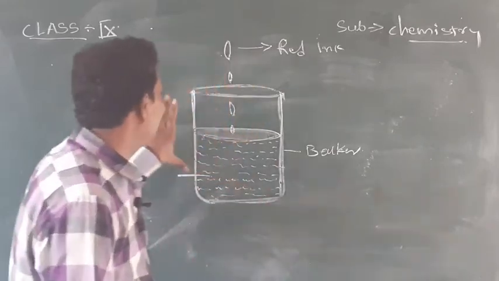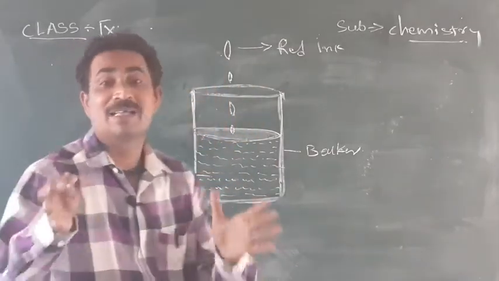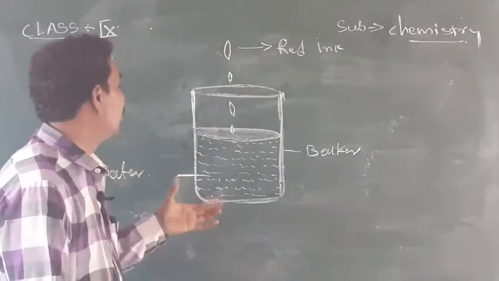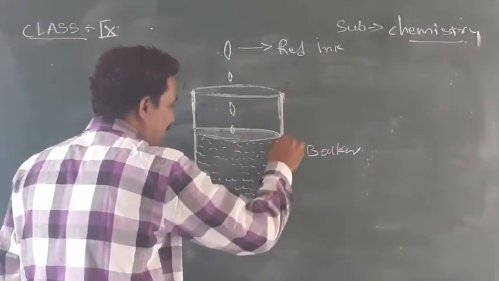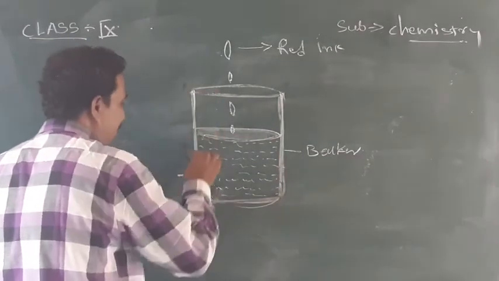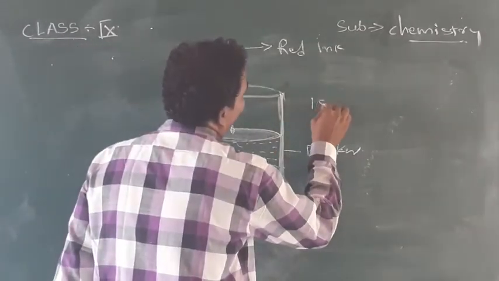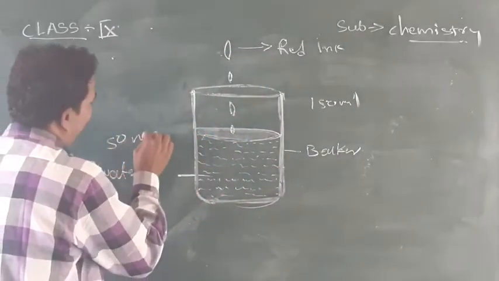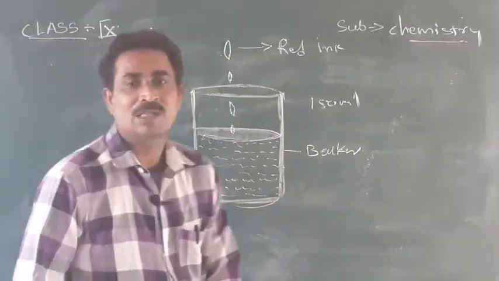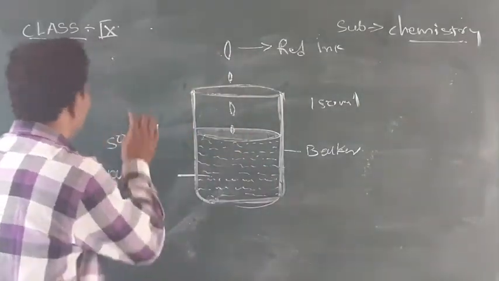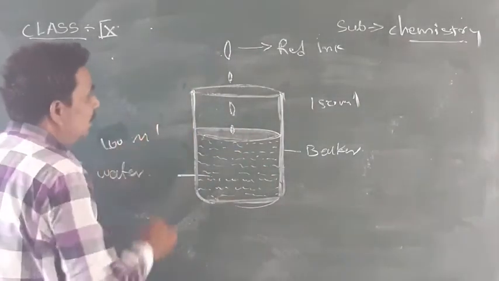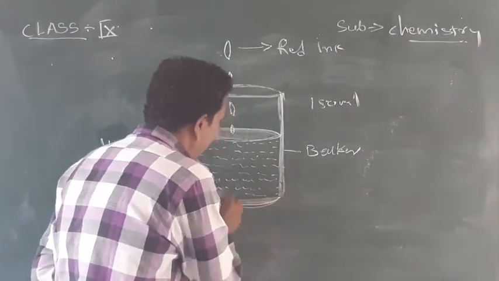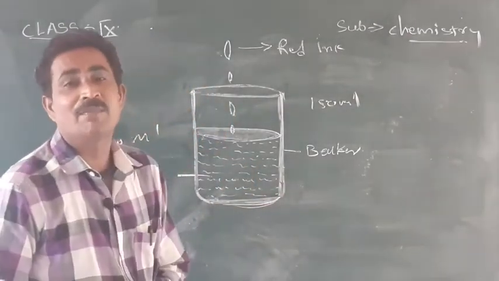In this diagram we want to show how matter moves in its particular orbit. We took a beaker of 100 ml or 150 ml, and inside it we added 50 ml of water, or 100 ml is also possible. Take one beaker and add 100 ml of water.